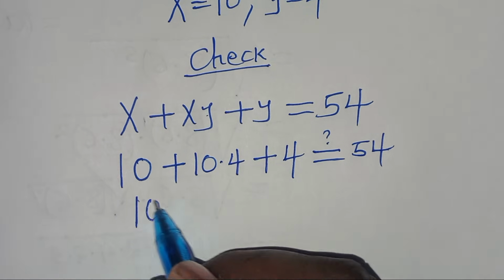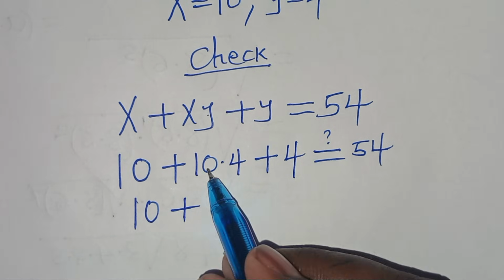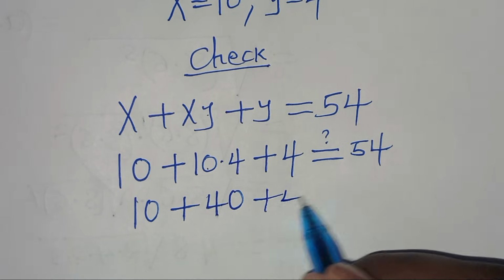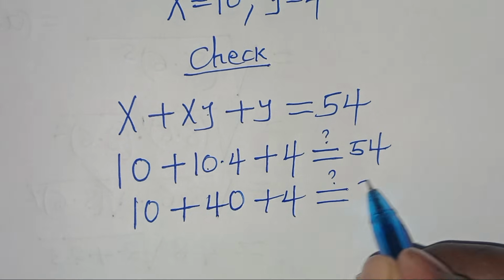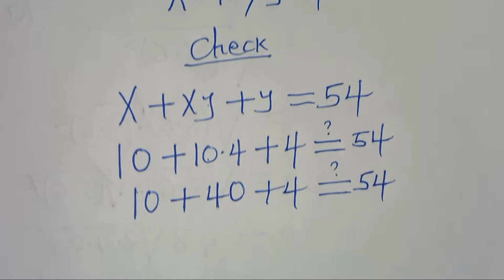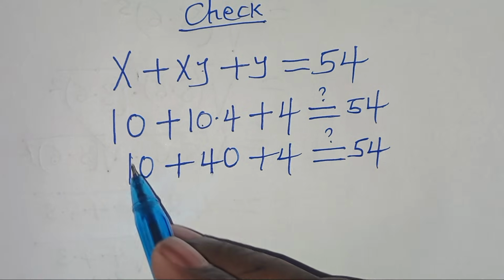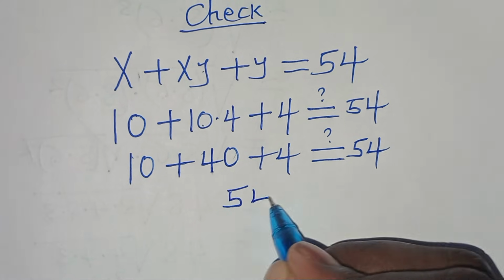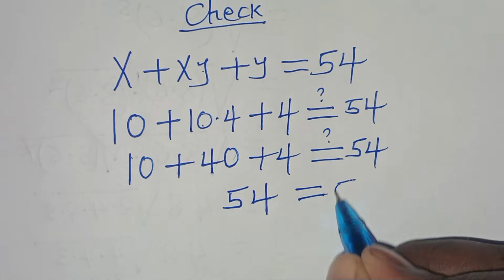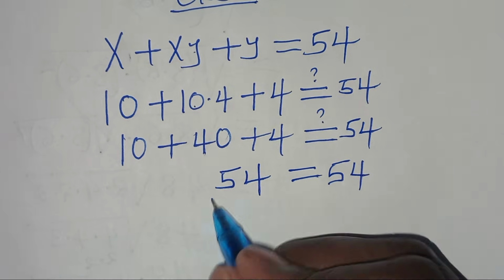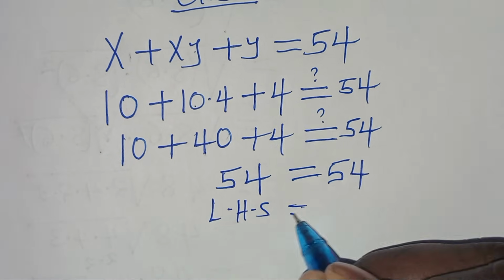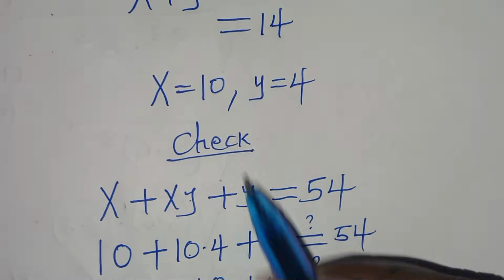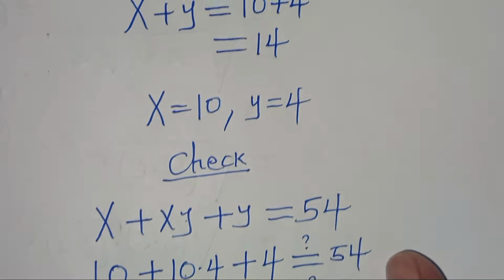This is 10 plus 40, then plus 4. 40 plus 10 is 50, plus 4 is 54. So we have 54 equal to 54. So the left hand side is equal to the right hand side, which means that x and y satisfy the equation.